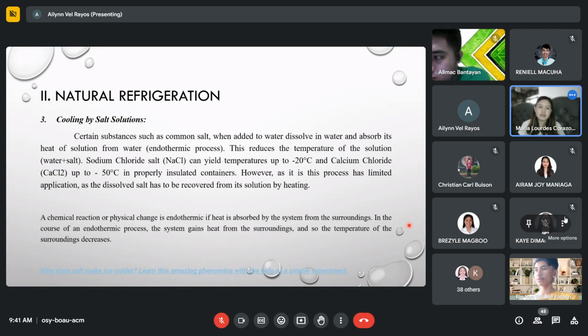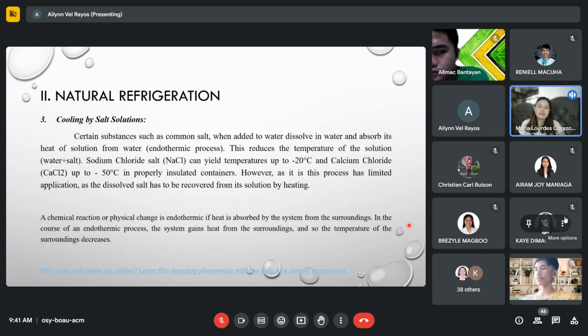Sodium chloride salt can yield temperatures up to negative 20 degrees Celsius and calcium chloride up to negative 50 degrees Celsius in properly insulated containers. However, this process has limited application as the dissolved salt has to be recovered from its solutions by heating.